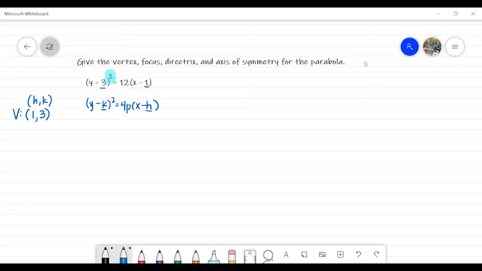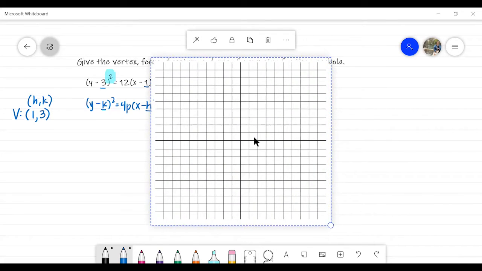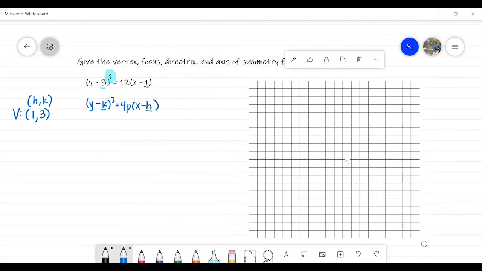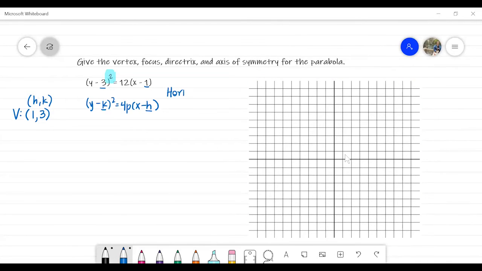So let's actually graph or start graphing this. In this particular question, we'll also point out that this is a horizontal parabola, right? Horizontal. And we know that because the y is squared, right?